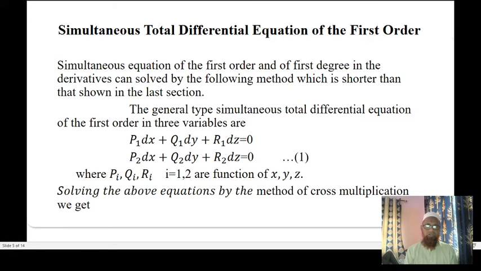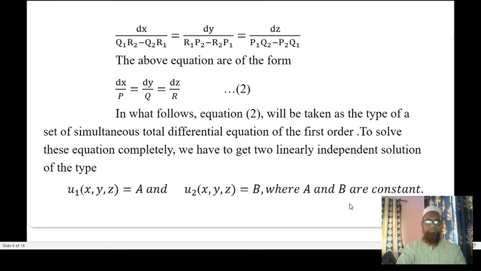So solving the above equations by the method of cross multiplication, we get dx divided by q1 r2 minus q2 r1 equal to dy by r1 p2 minus r2 p1 equal to dz by p1 q2 minus p2 q1.